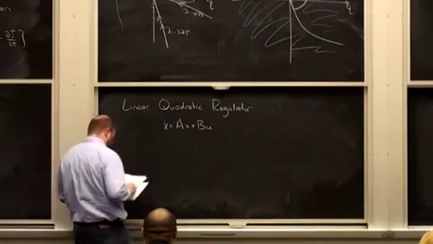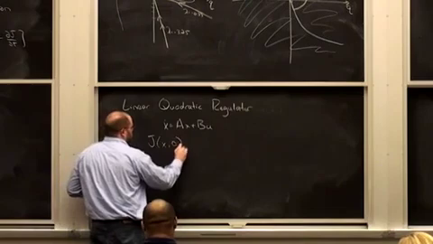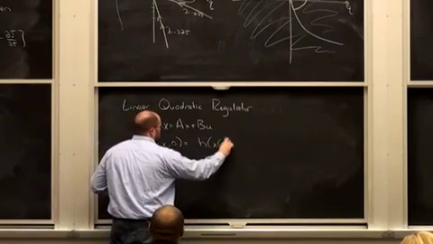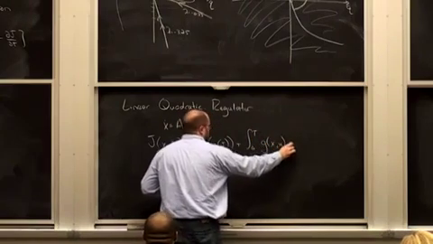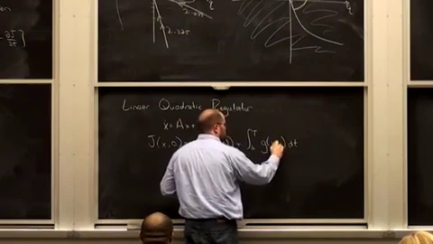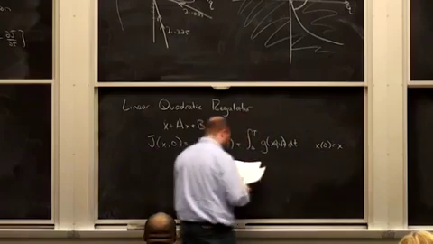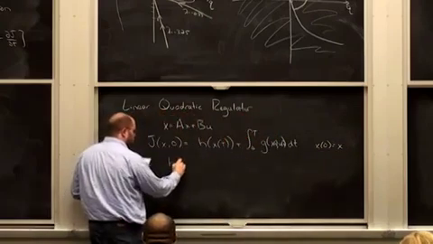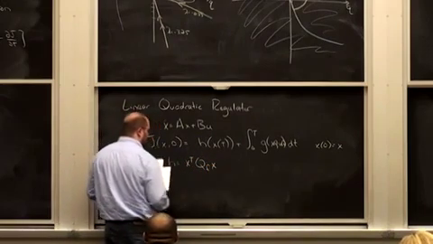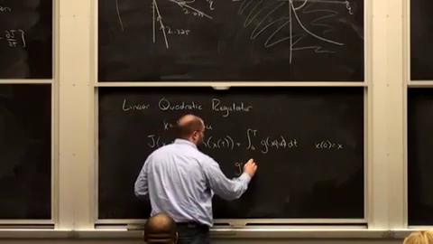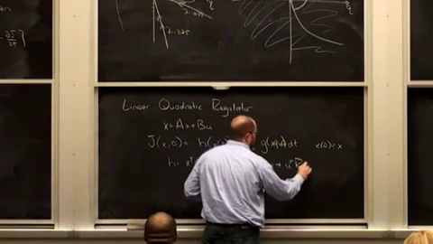And let's say I have a cost function, J of x0 is h of x(T) plus the integral of g of x, u dt, where x0 equals x, where h in general takes the form x transpose Qf x, and g takes the form x transpose Qx plus u transpose Ru.